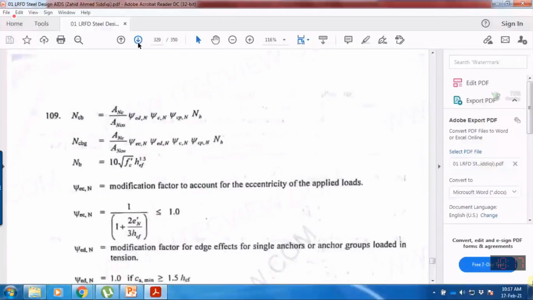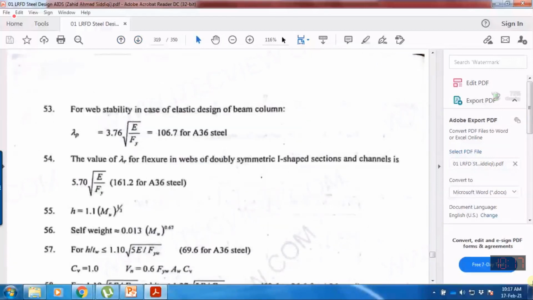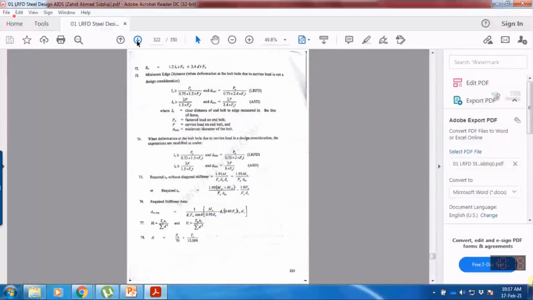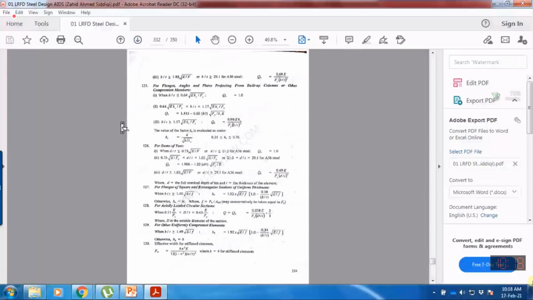So let me find the design procedure for the plate girder. Some pages are missing.